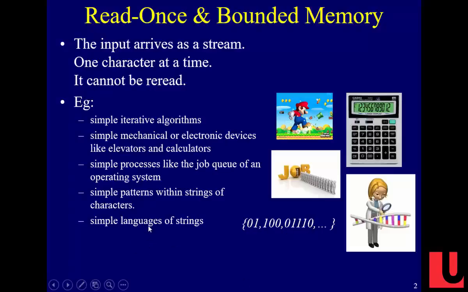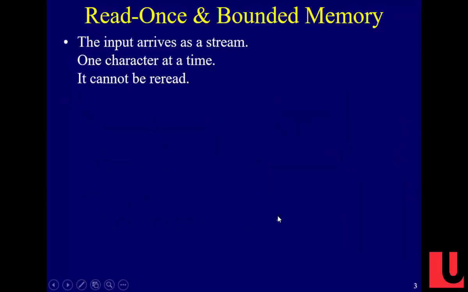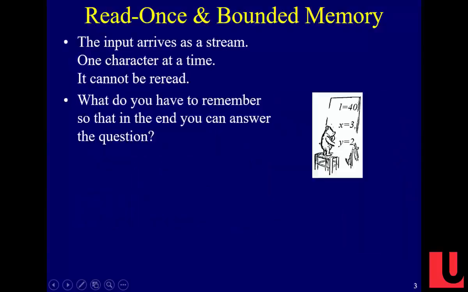We're going to see later what is a language. A language is a computational problem where the output is yes or no. So for some strings we say yes, some strings we say no, right? And as you're reading this string, you have to think, what do I have to remember about what I've seen so far so that I can know the answer in the end, right?